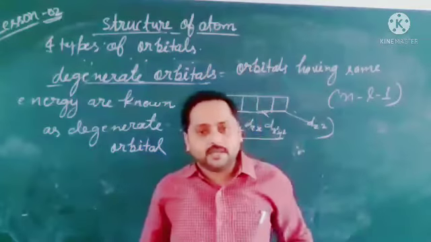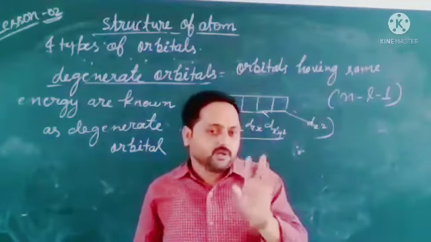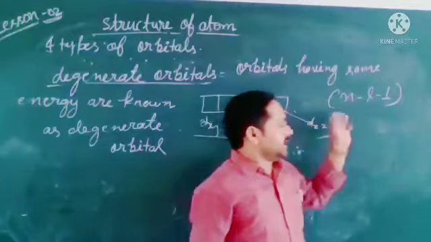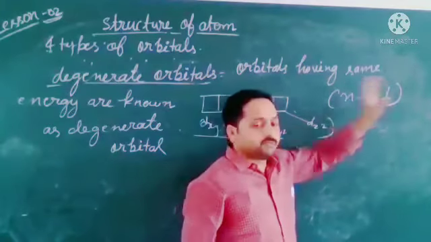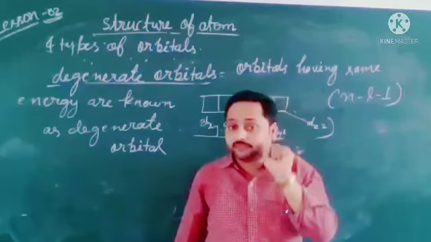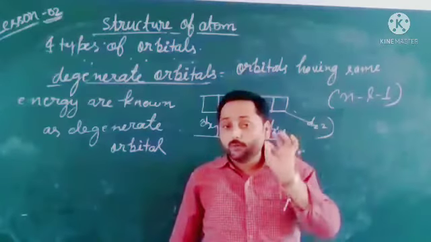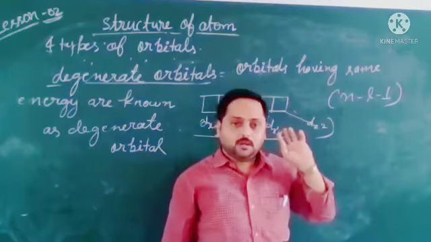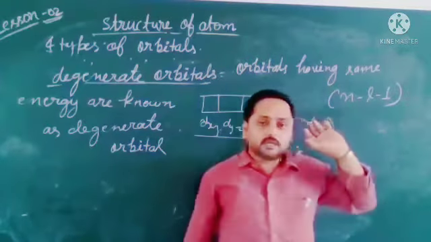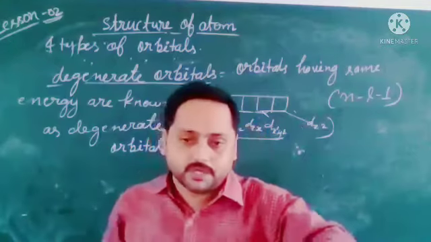If I explain it now, it would be difficult for you to understand, so I will not explain. Just remember this formula: n minus l minus 1 is the formula to calculate nodes in an orbital.